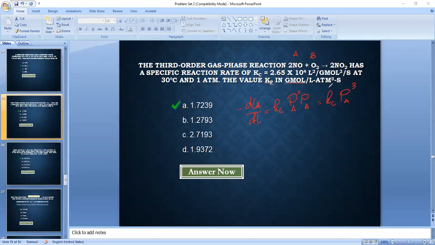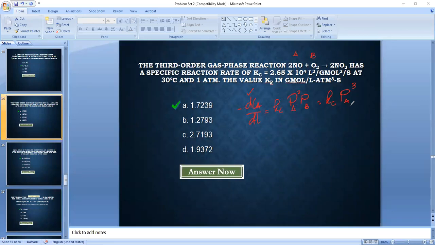You're trying to find a way of converting K sub C to K sub P. That way, you will still have the units of mole per liter per second in spite of having to use partial pressures in lieu of concentration, which is in mole per liter.